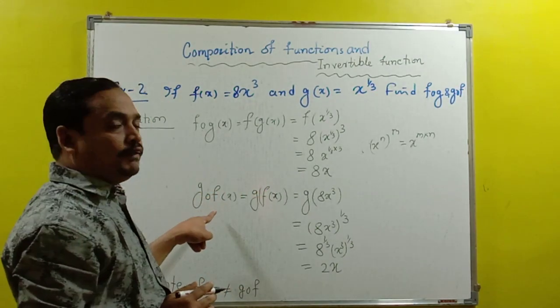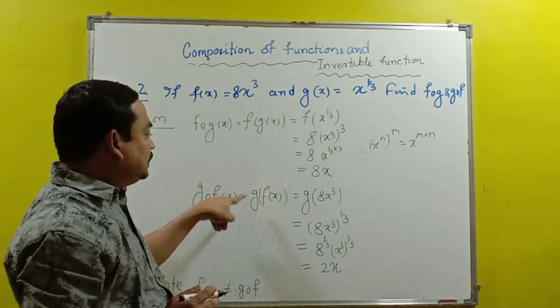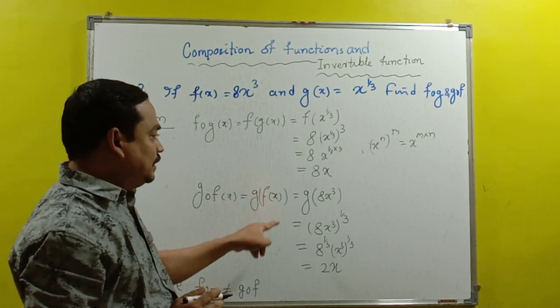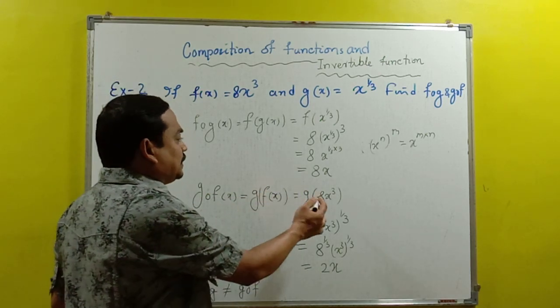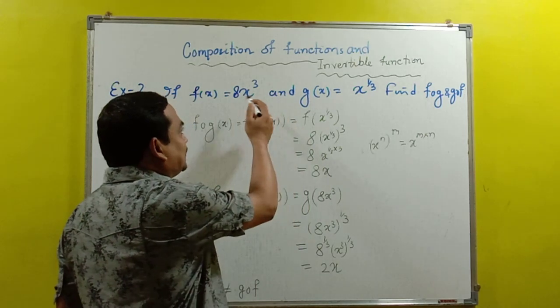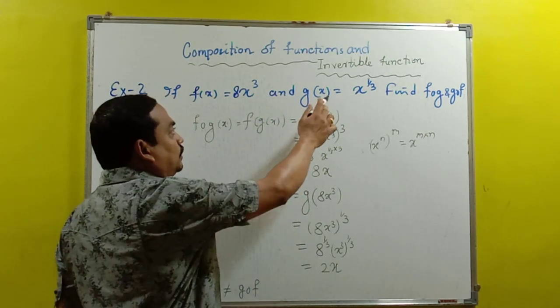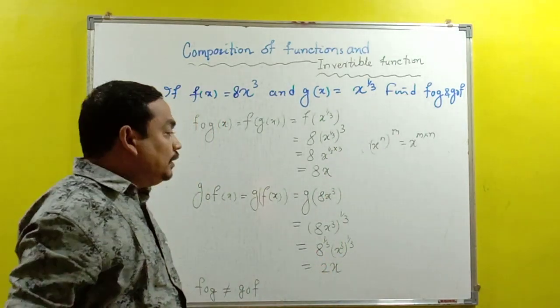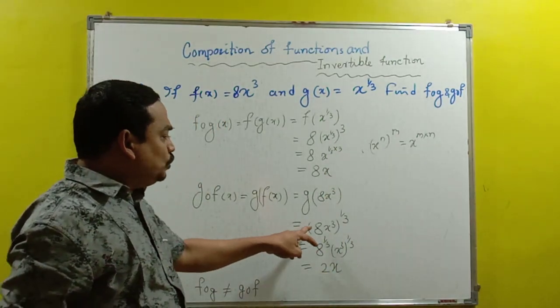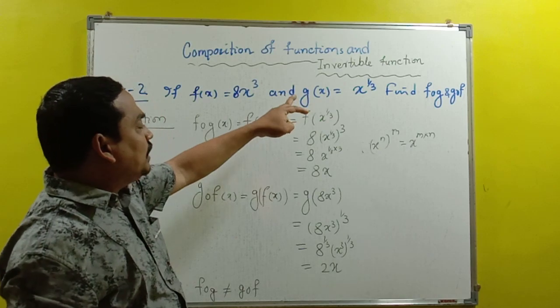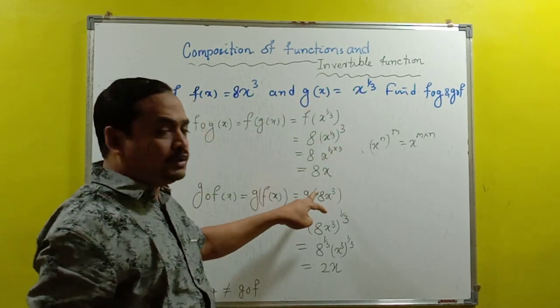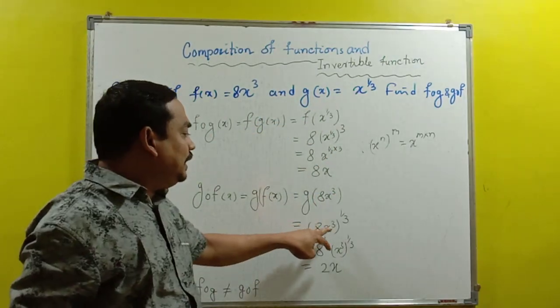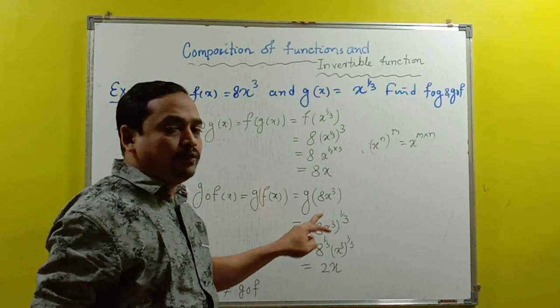Next, gof of x. gof of x means g of f of x. Here f of x value is 8x cube, and g of x is x to the power 1 by 3. Then in place of x you will write 8x cube, whole to the power 1 by 3.